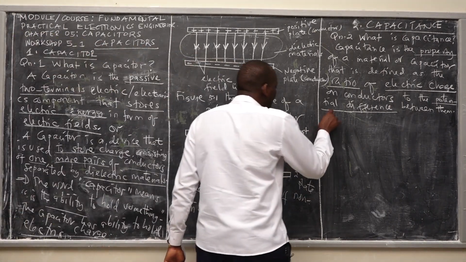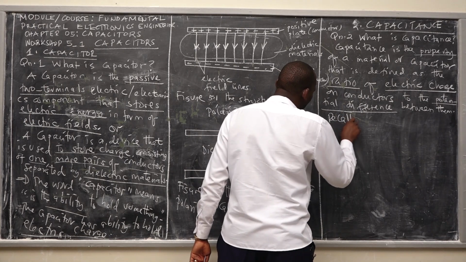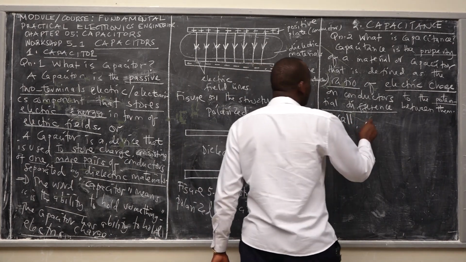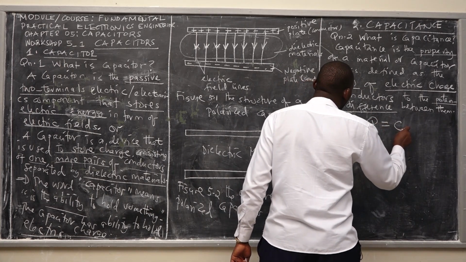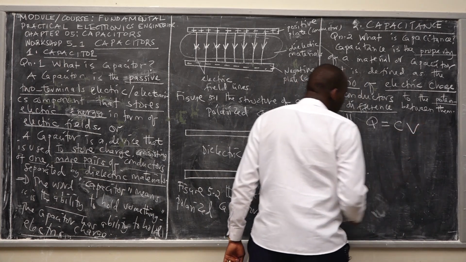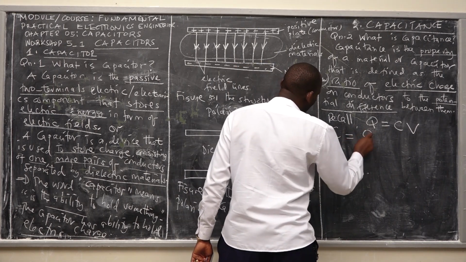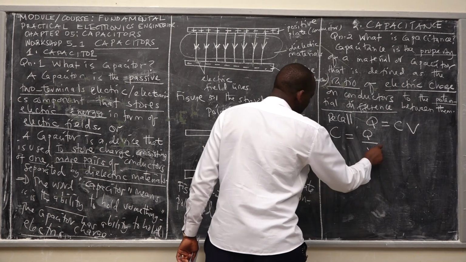So let me remind you mathematically how we represent the concept of capacitance. Just to recall, we taught you that the quantity of charge is equal to capacitance times potential difference. So capacitance is equal to quantity of charge over voltage.